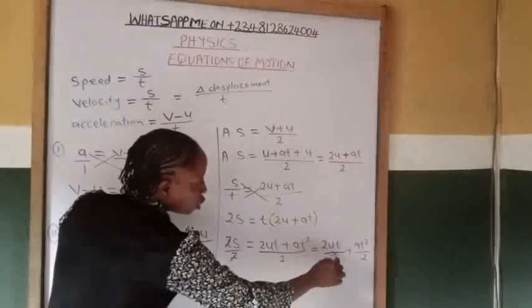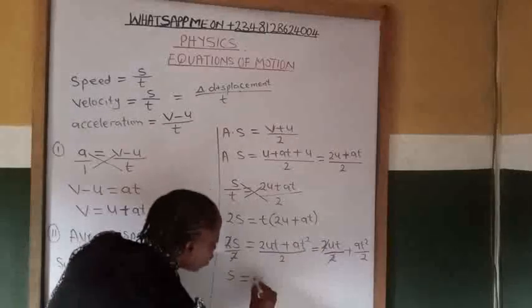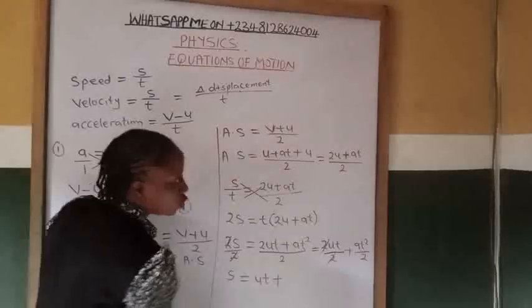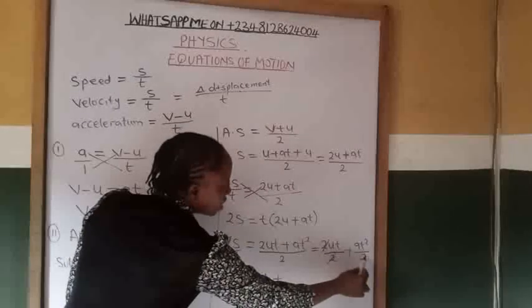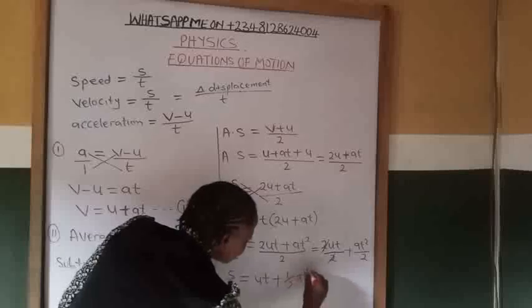The 2 cancels 2, so on this side I am left with ut plus at square divided by 2, that is half at square.